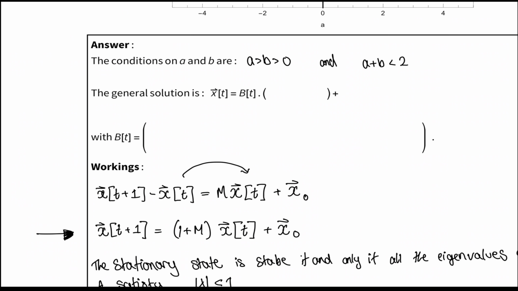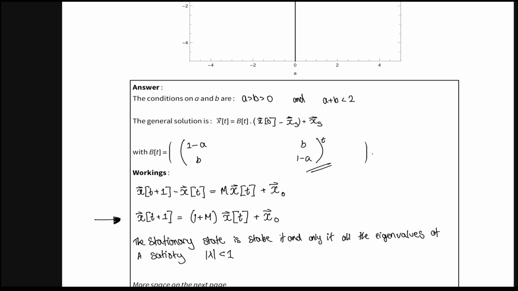So if we write this down, we have Bt dot (x0 minus the vector of the steady state), and then plus the steady state. And this matrix is (1 minus a, b; b, 1 minus a), all to the power of t. Hopefully that made sense.